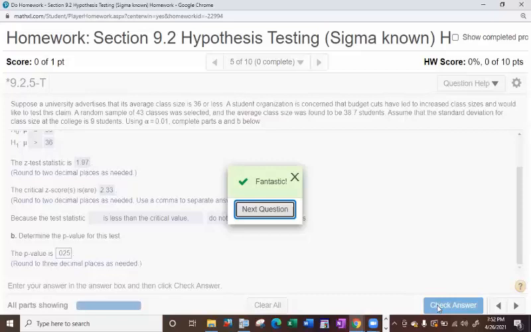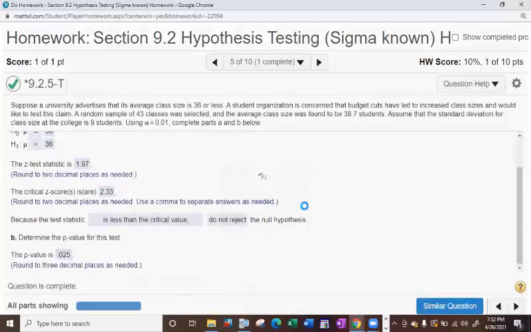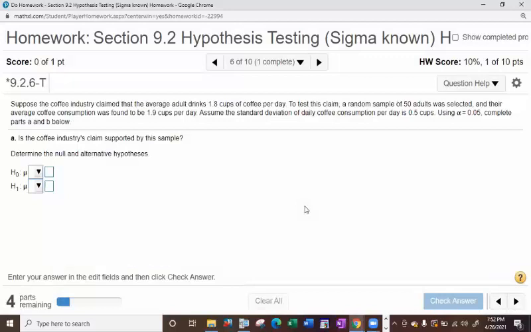Okay, let's do one more of these and we'll go on break. I think I'd like to intentionally look for a two-tailed here. Got it. There it is. So if it's okay with you, might as well just do this one. I don't think there's anything too weird in the remaining problems.